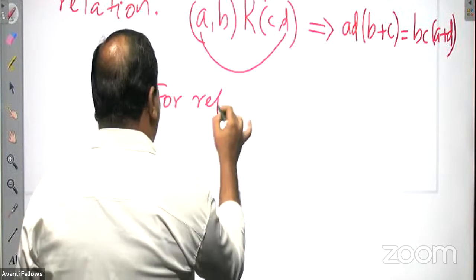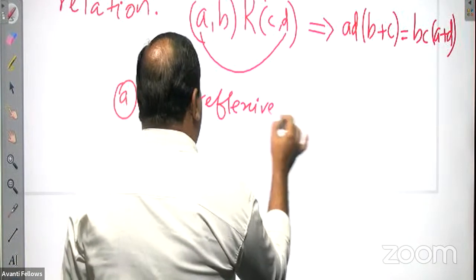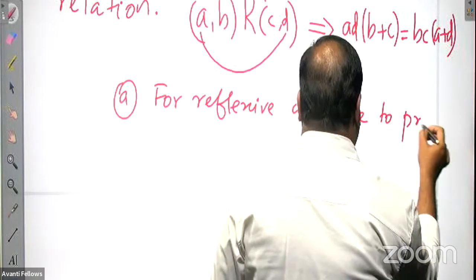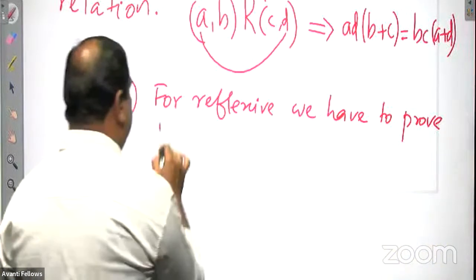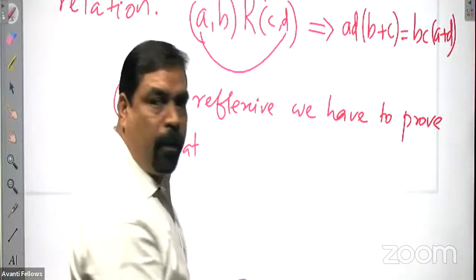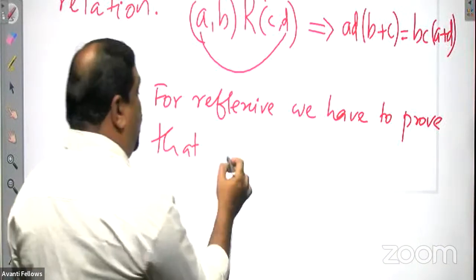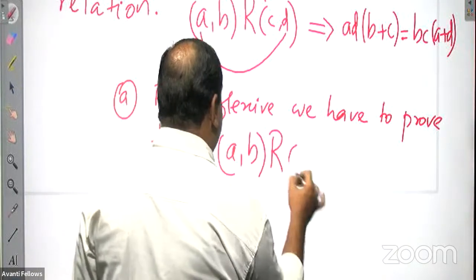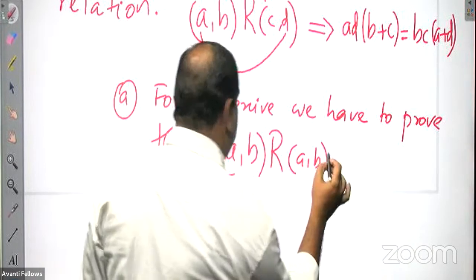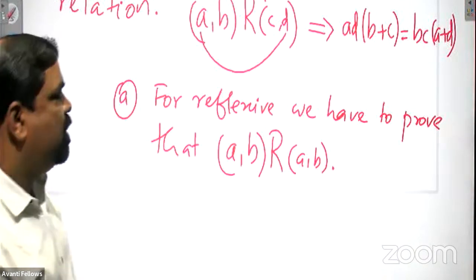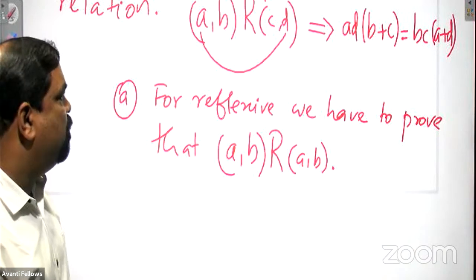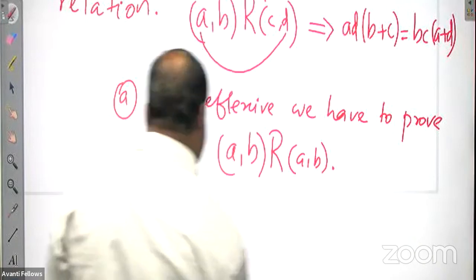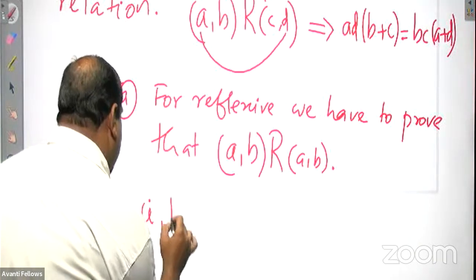We have to prove that (A, B) is related to (A, B). For that, what do we need to prove? The product of first and last.